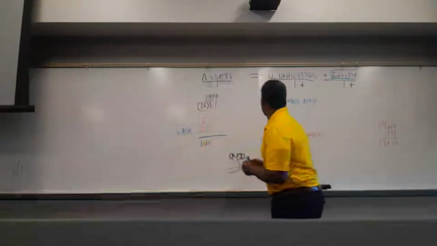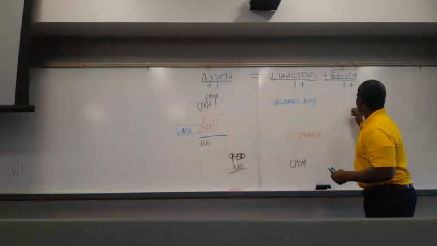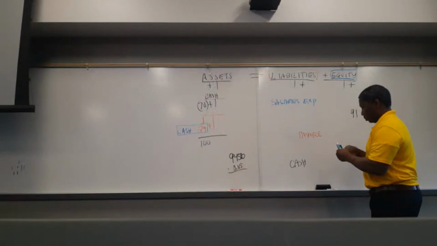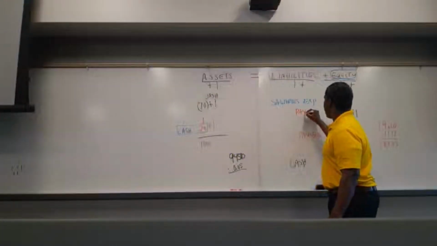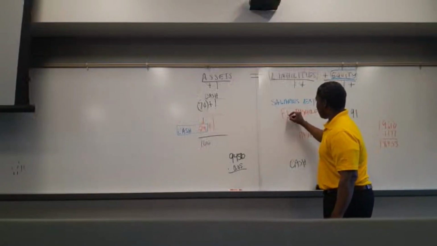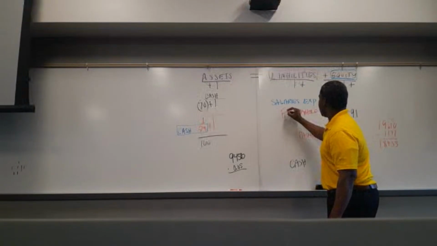$91. Okay, and this will be a payable, specifically called federal income tax payable. So it's a payable, make sure we know that for liability, and it's a federal income tax payable, okay?